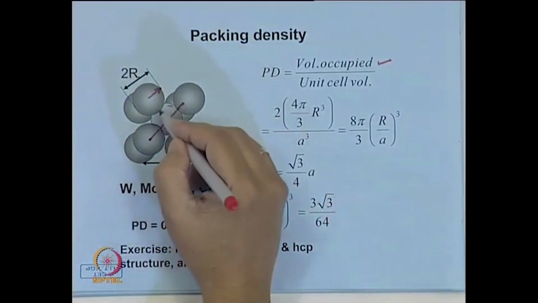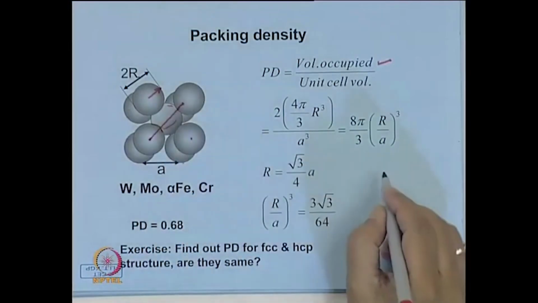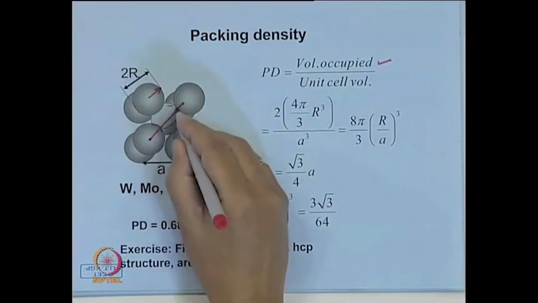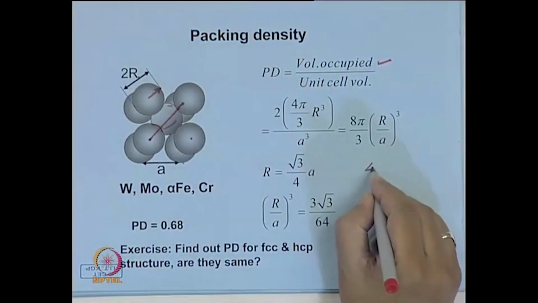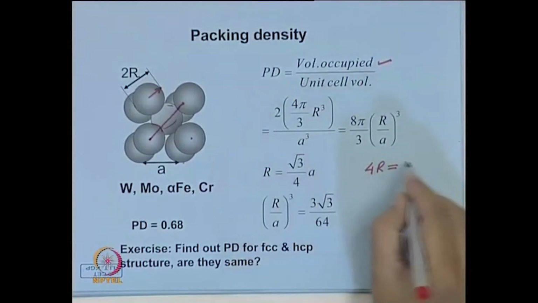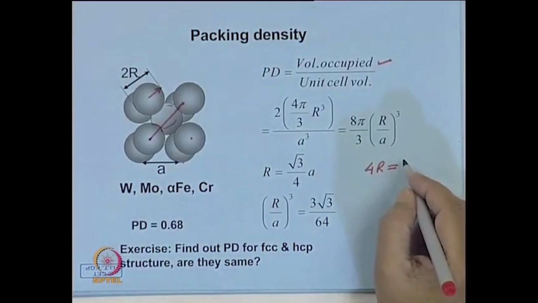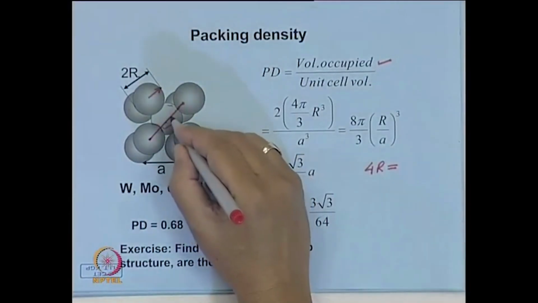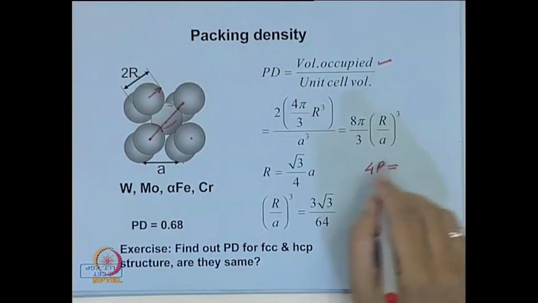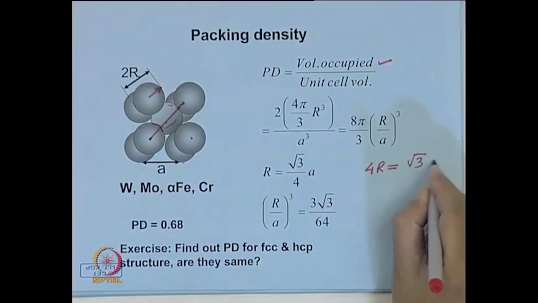So, therefore, this diagonal is actually equal to 2r and 2r, that is 4r. 4r is equal to the diagonal. So, the diagonal is equal to root 3 a.